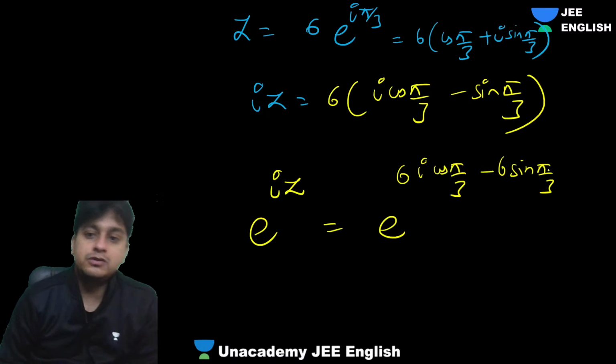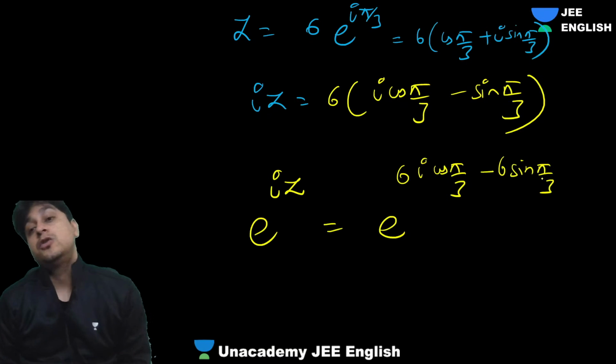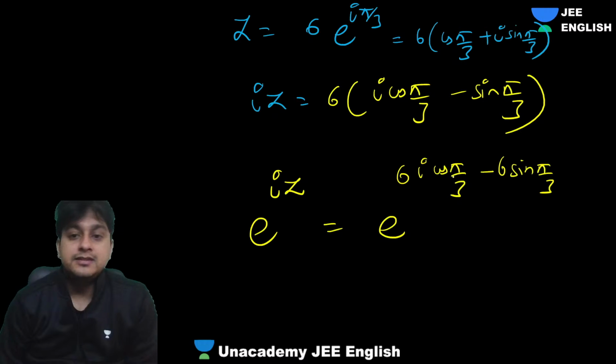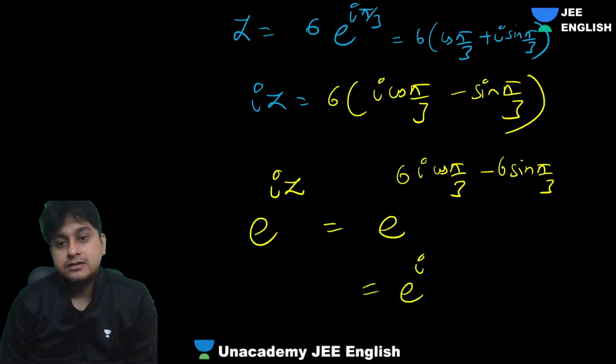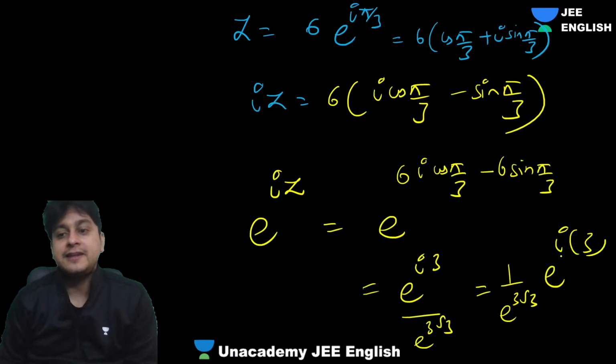Everyone knows that is root 3 by 2, and cos pi by 3 is 1 by 2, right? So what are we getting? We are getting e power i 3, and because of this minus, root 3 by 2 times 6 gives 3 root 3. This is coming as 1 by e power 3 root 3 into e power i 3.